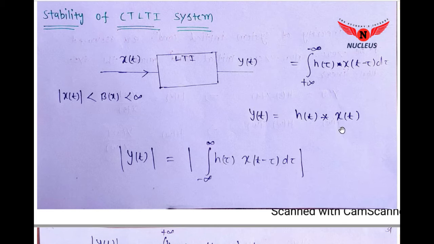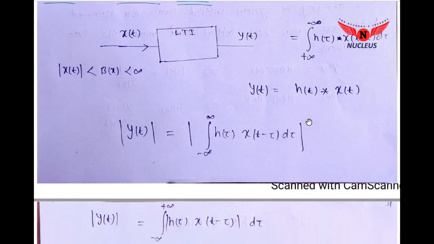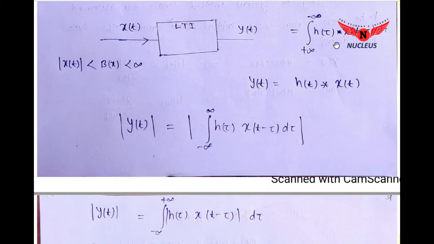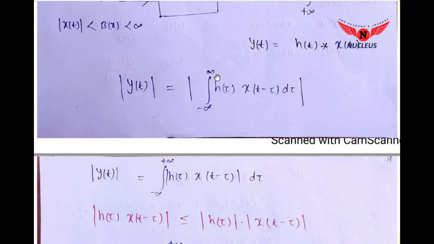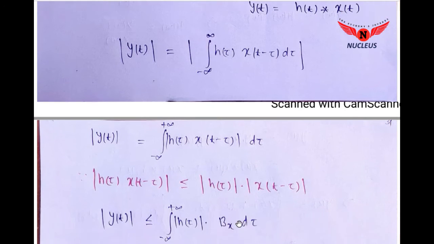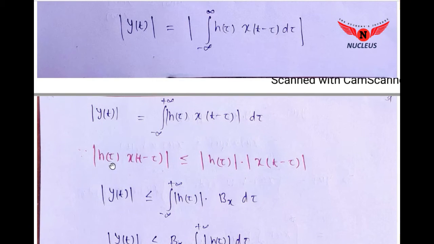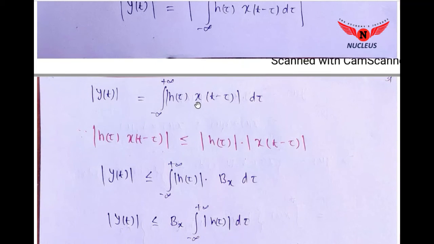So in convolution form you can write it in this form. Let's take the mod of this equation, so the mod of y(t) equals the mod of these things. The mod will go to the inner side of the integration, so the mod of y(t) is less than or equal to the integral of the mod. This term can be written in this form, where we already know that x(t) is a bounded function and its bound is B_x.